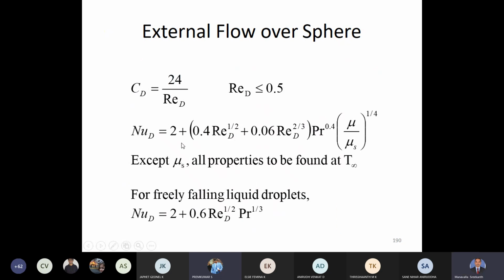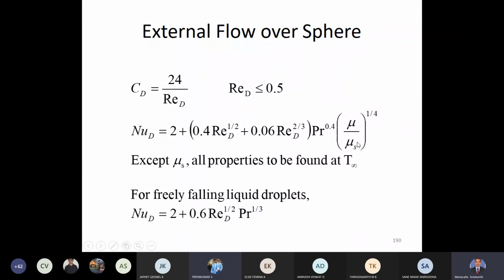Then the Nusselt number is given like this: 2 plus 0.4 Reynolds to the half plus 0.6 Reynolds to the 2/3, multiplied by Prandtl to the power 0.4, multiplied by mu by mu s to the power 1/4. This ratio of the viscosities will be used whenever the property variations are large.